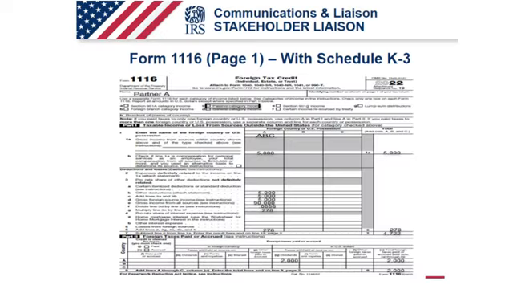Now, when we go through the 1116 to show you how the numbers pan out here, we start with the 5,000 of foreign source income before any expenses allocated to it.